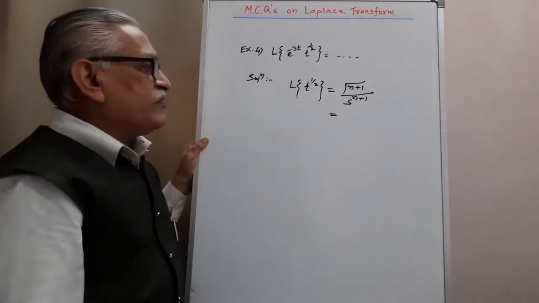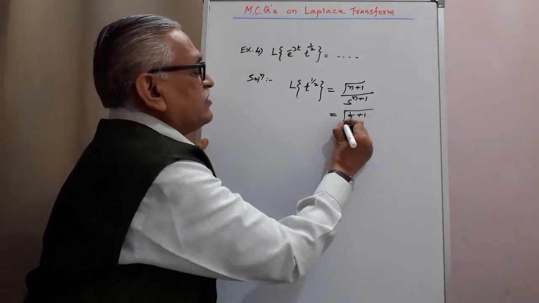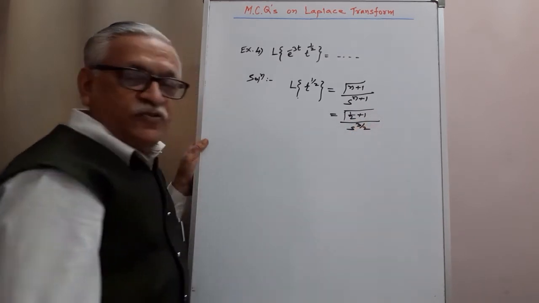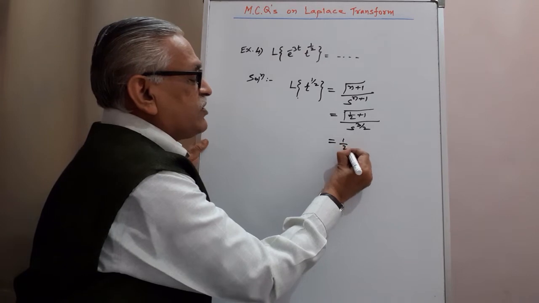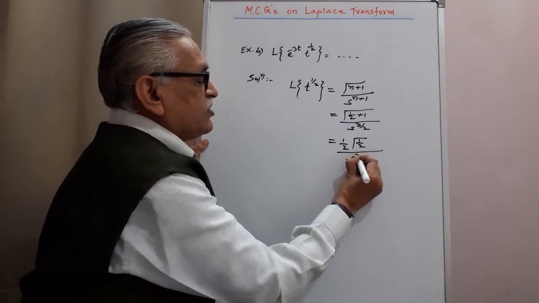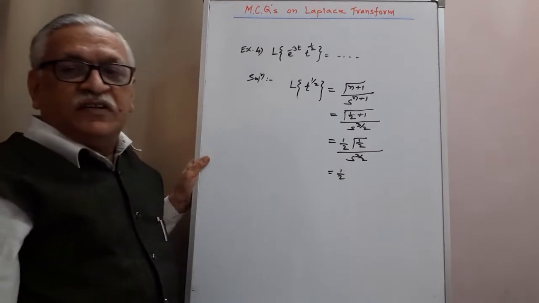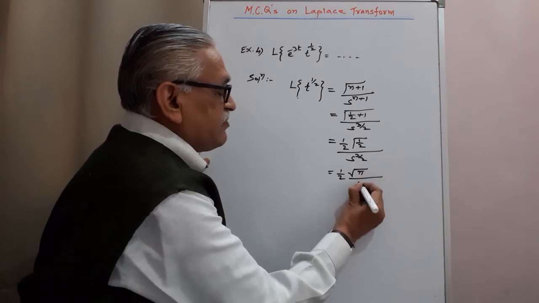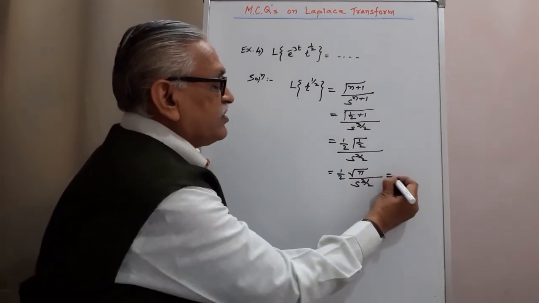The value of n is 1 by 2 here, therefore gamma 1 by 2 plus 1 divided by s raised to 1 by 2 plus 1, which is 3 by 2. We know that gamma n plus 1 is n gamma n, therefore it is 1 by 2 gamma 1 by 2 whole divided by s raised to 3 by 2. The value of gamma 1 by 2 is root pi, so it is 1 by 2 root pi divided by s raised to 3 by 2, and we call this f bar of s.